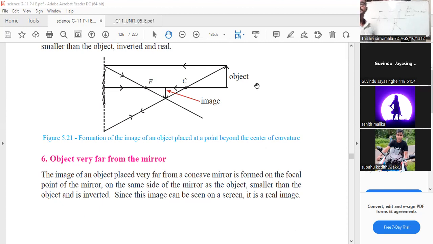No problem. Yeah, C is here. Okay, you can draw it.